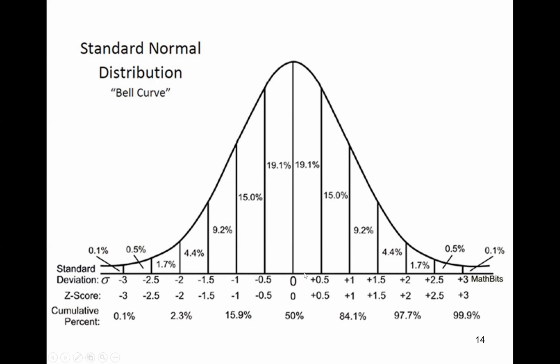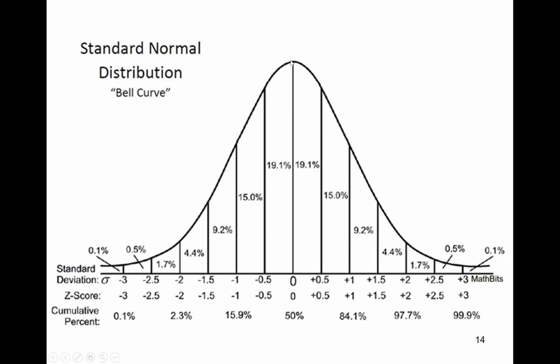So the mean is 0, median and mode are also equal to 0. And basically what this distribution shows us is possible values of this variable and the likelihood of observing those values.